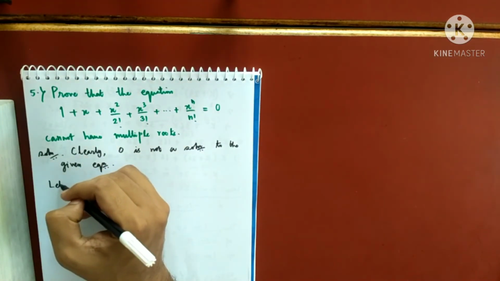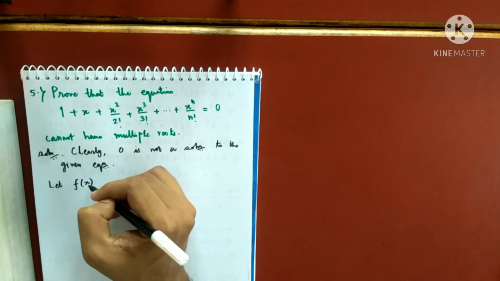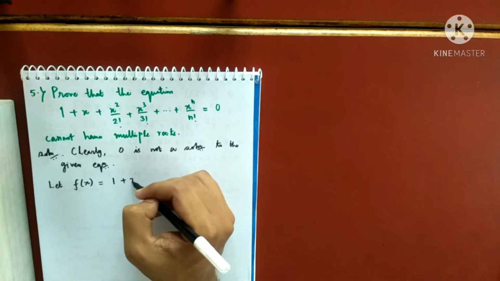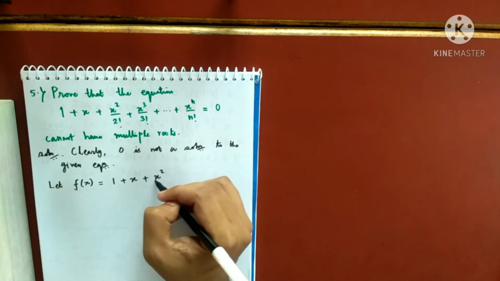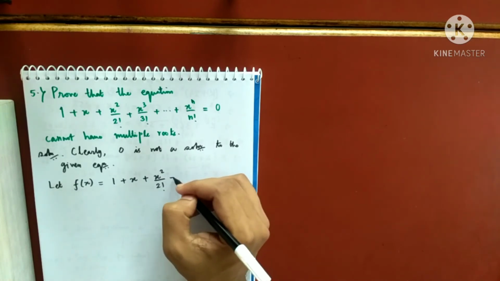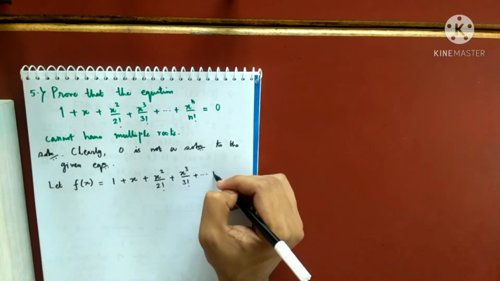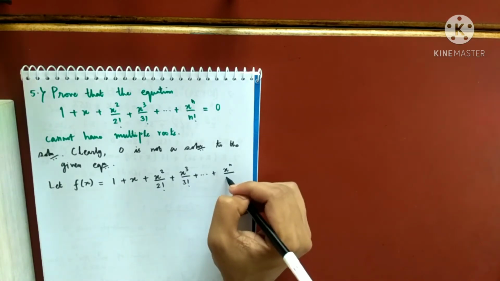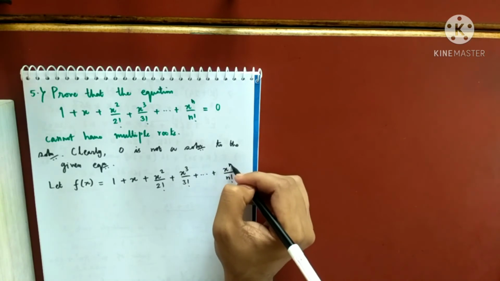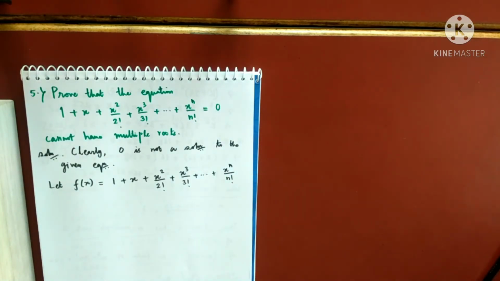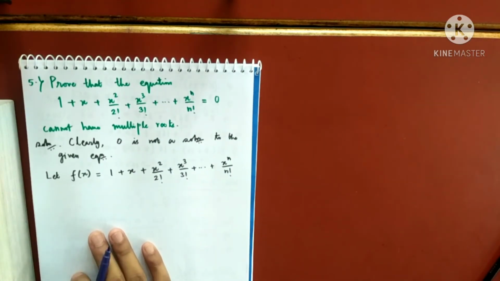Let me name that polynomial as f(x). So let f(x) equal 1 plus x by 1 factorial plus x square by 2 factorial, x cube by 3 factorial, and so on up to x to the power n by n factorial. They have asked us to show that this cannot have multiple roots.